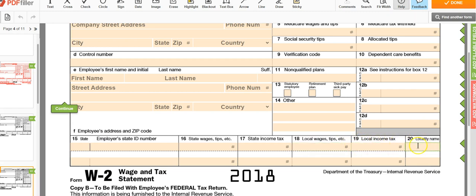And box 20 shows your locality name. As an example, for New York City, this would say NYC.